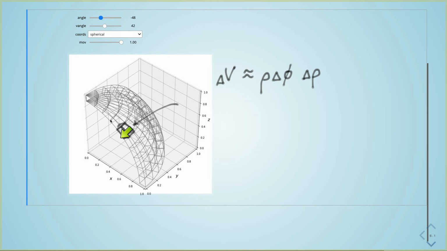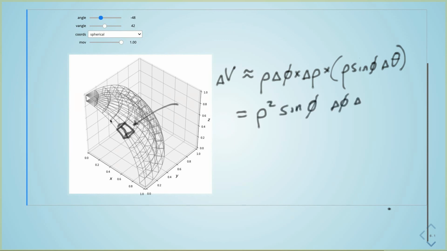So in order to figure that out, we really need this distance, the r distance comes into play. So to make a long story short, we're going to get this guy times rho sine phi delta theta here. And so when you put that together, we get rho squared sine phi delta phi delta rho delta theta.